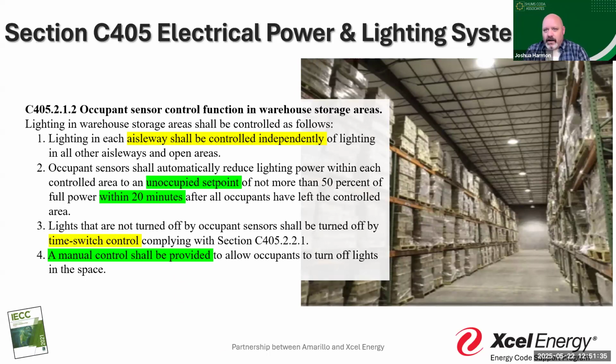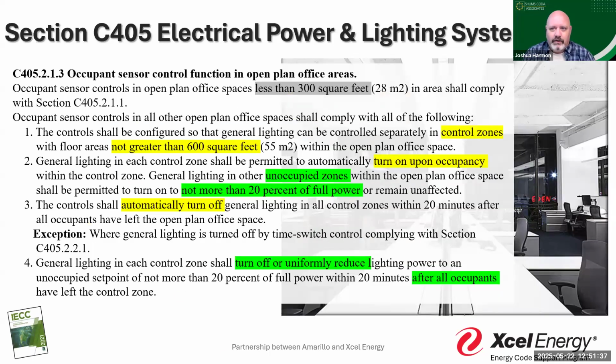Again, not everything is going to be occupancy sensors, right? We see here that it reminds us that we're going to be using that control for only 600 square feet, again, not the entire building. And that's going to turn off when no one's in the room. It's going to have a timing period so that we're not having this constant on and off every time I move my arm.